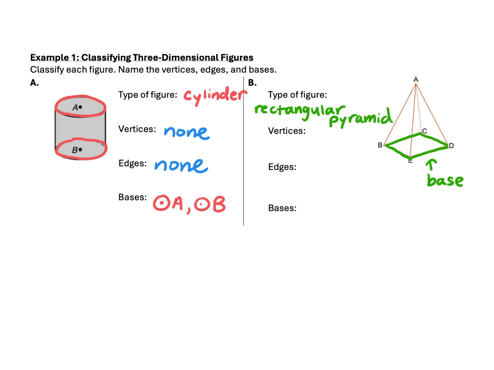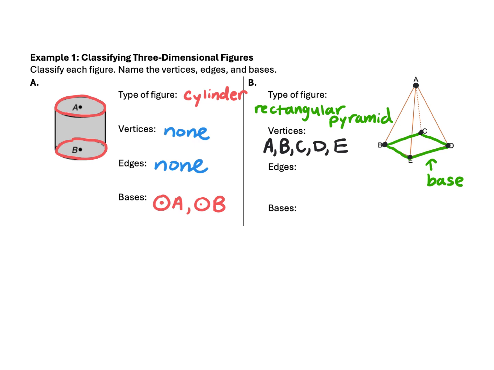Pyramids have both vertices and edges. The vertices are the points where 3 or more faces come together. And you can see that there are 1, 2, 3, 4, 5 places that are the vertices. They're the 5 points in the figure: point A, B, C, D, and E.